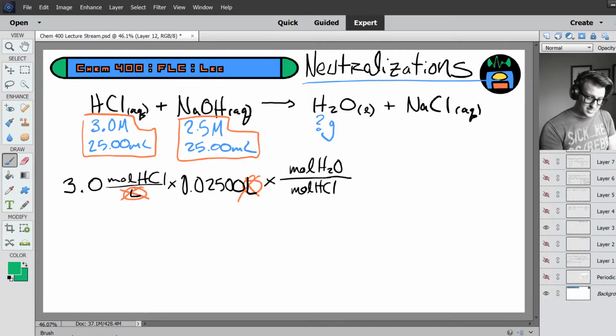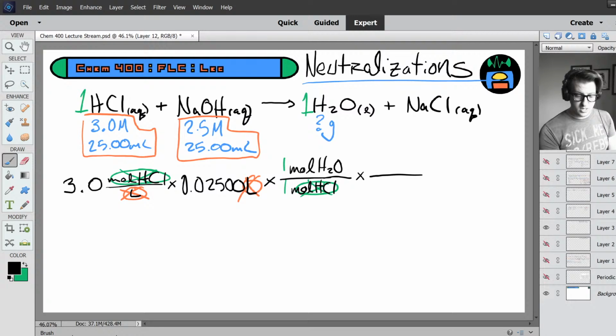This is a 1 to 1 mole ratio because of my balanced chemical equation. So moles of HCl cancel. And then finally, because I'm trying to find my theoretical yield of water in grams, I'm just going to go the distance and convert from moles of water to grams of water.